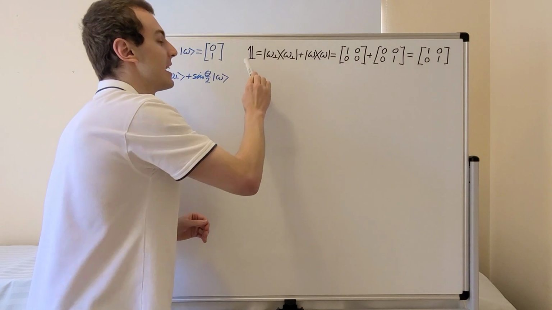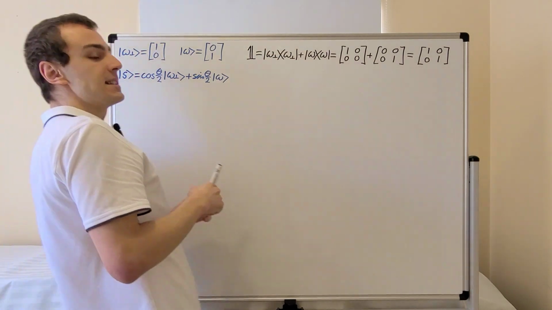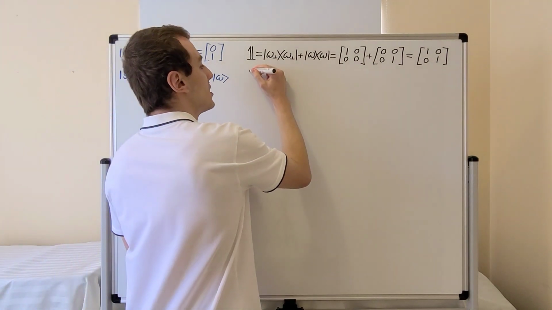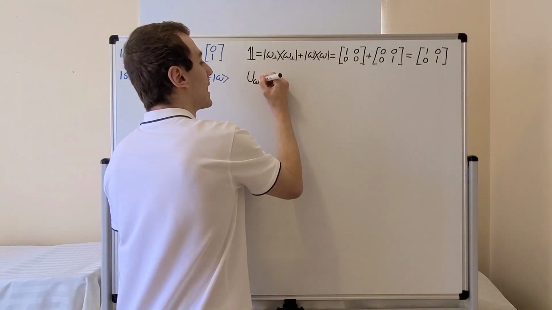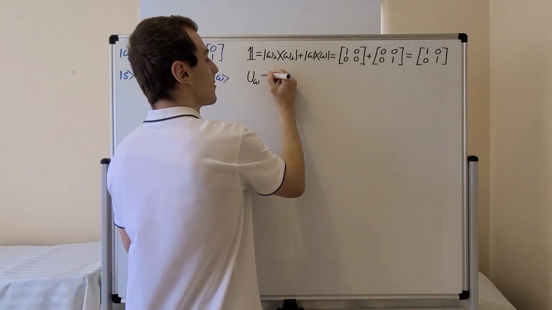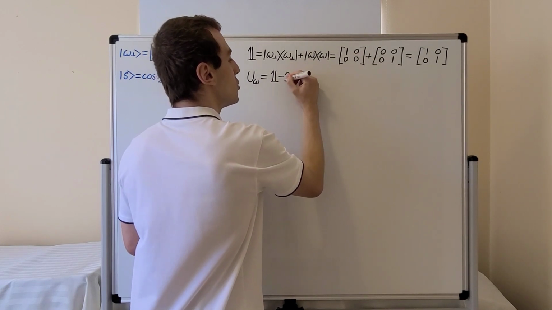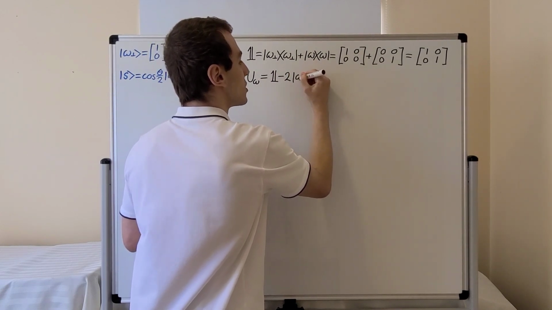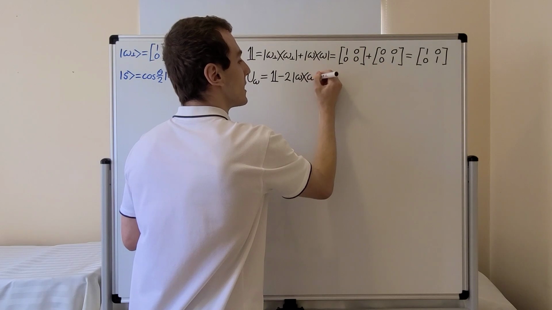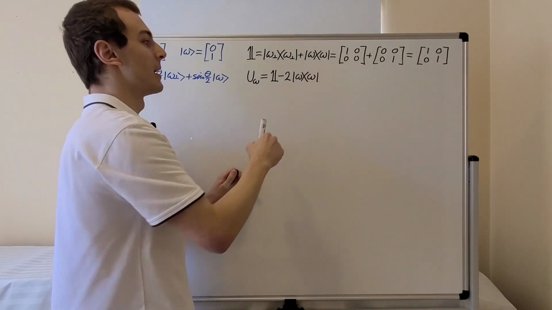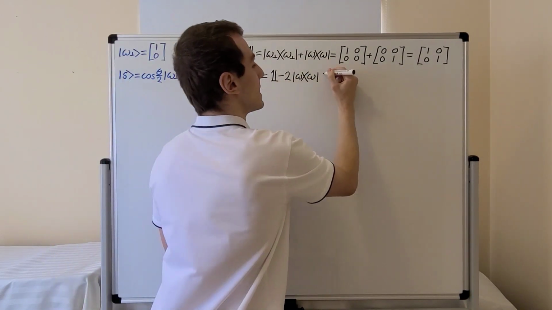Now that we have the identity operator, let's introduce the unitary operator U omega. So U omega has the form of the identity minus 2 times this projector formed from the omega vector. So what does this look like in the matrix representation?